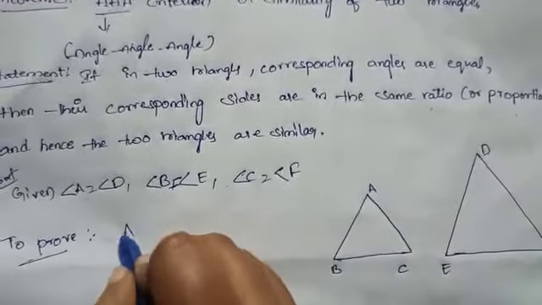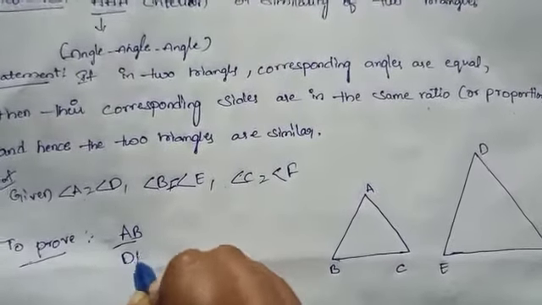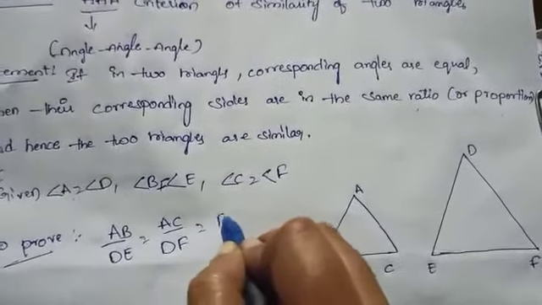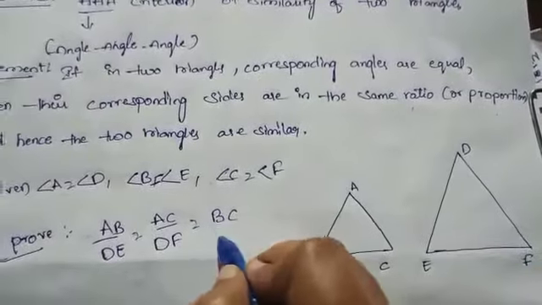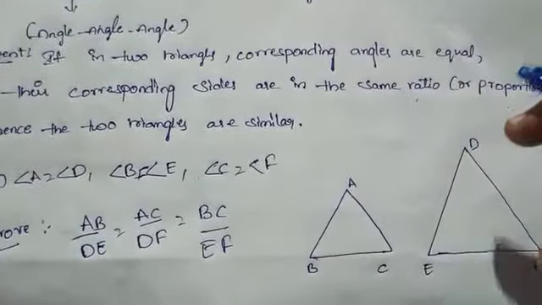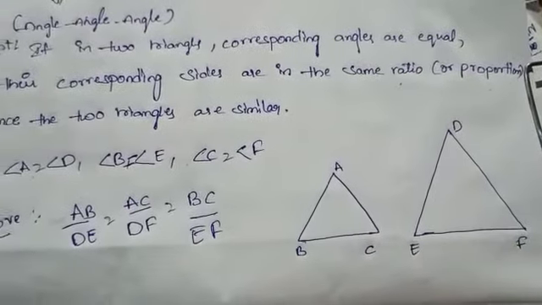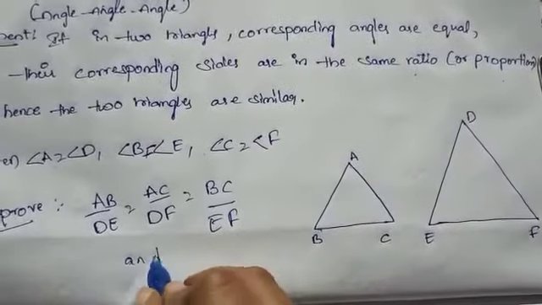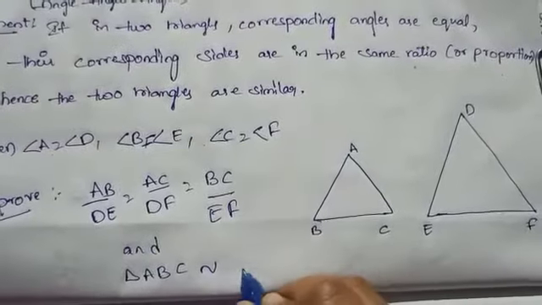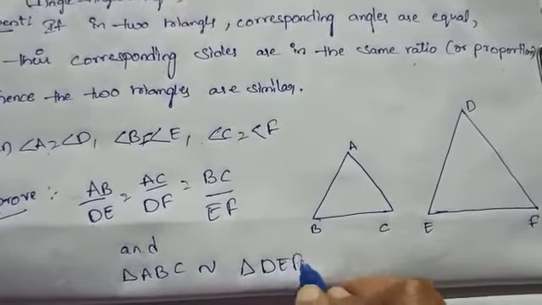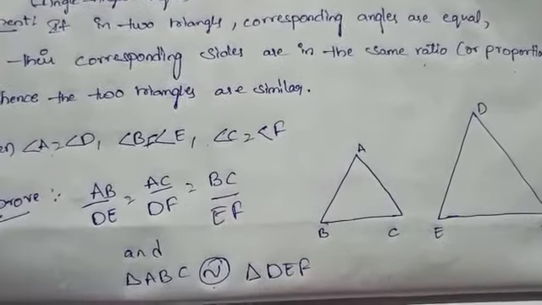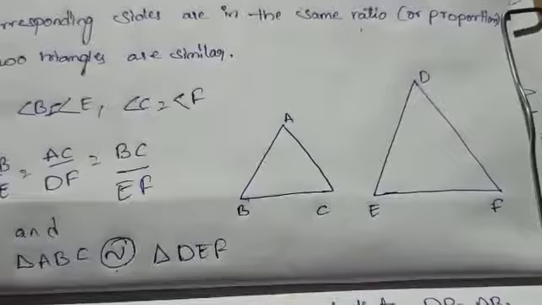It means AB by DE equals AC by DF equals BC by EF, and triangle ABC is similar to triangle DEF. This is the sign for similarity.